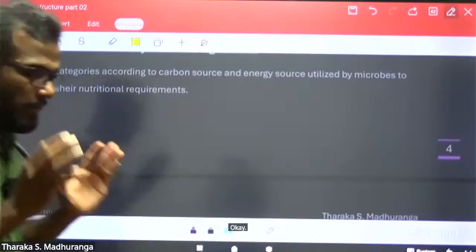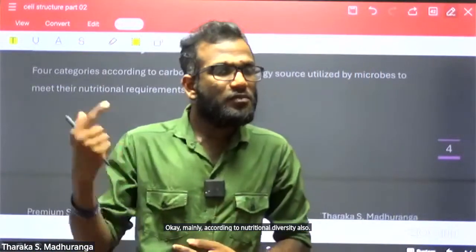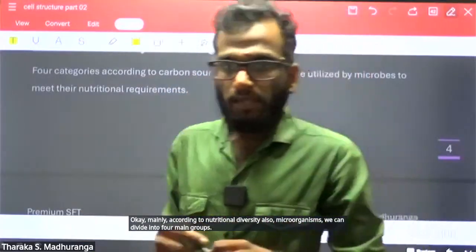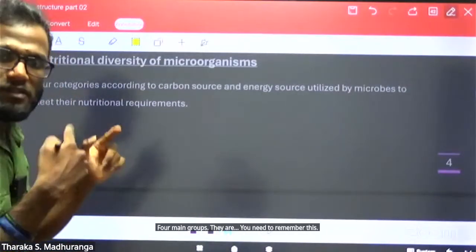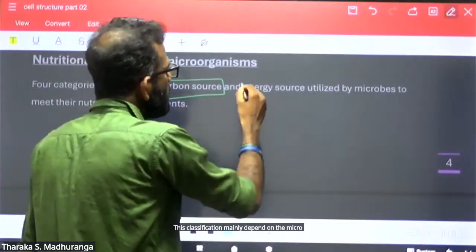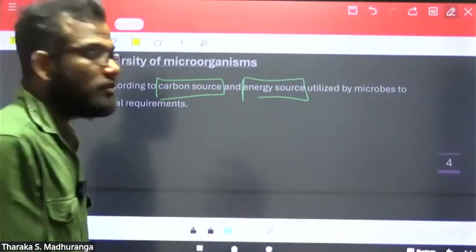According to nutritional diversity, we can divide microorganisms into four main groups. You need to remember this classification mainly depends on the microorganism's carbon source and energy source.